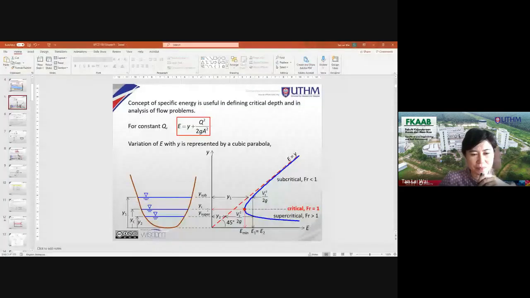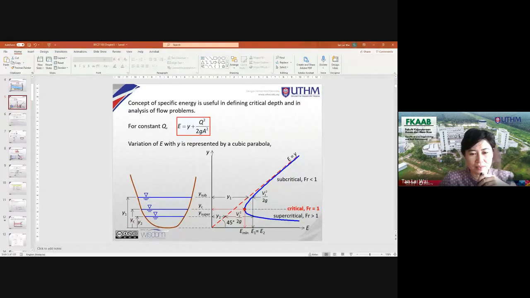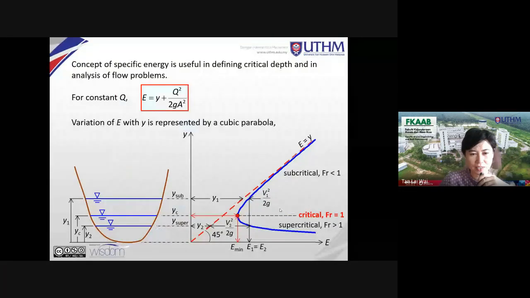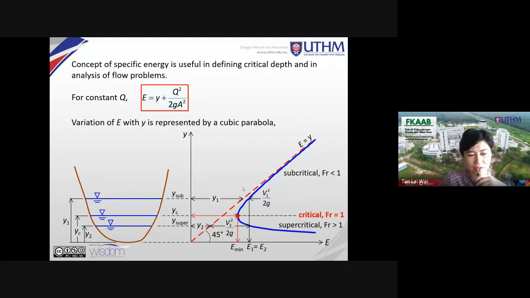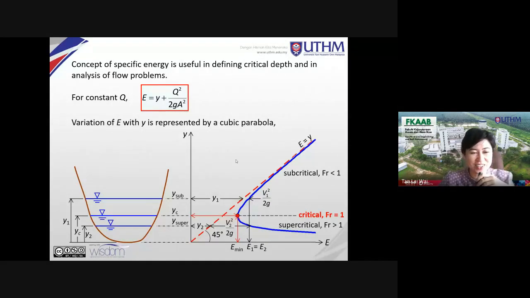Now, you really have to understand this E-Y curve, because we are going to test you in your test on the understanding of this E-Y curve. E-Y means on one axis you have E, and on the other axis you have Y. So this is the curve.